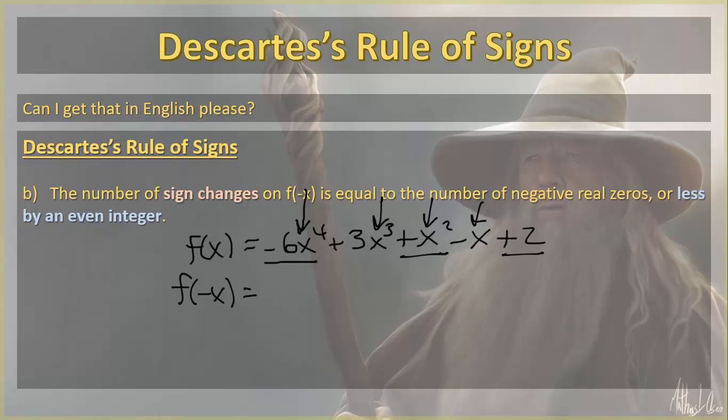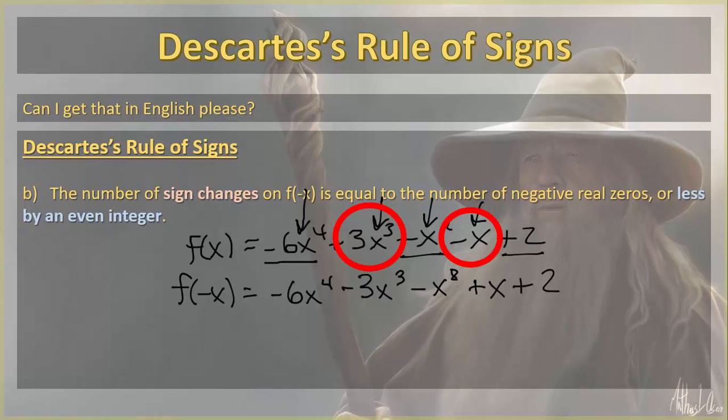It's the odd powers of x that are going to change when I plug in negative x. So my function is going to be negative 6x to the fourth minus 3x to the third minus x squared plus x plus 2. So everything is the same except for the 2 that I circled, the odd powers of x.